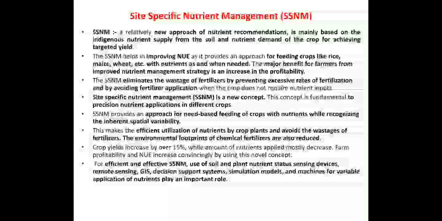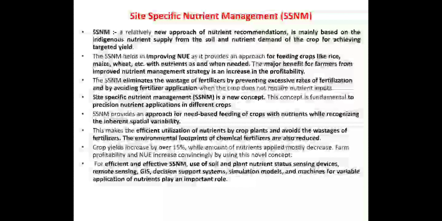Then SSNM helps in improving the nutrient use efficiency, as it provides feeding of crops like rice, maize, wheat with nutrients as and when needed. The major benefits for farmers are to improve the nutrient management strategy as well as increase profitability. Then SSNM eliminates the wastage of fertilizers by preventing excessive rates of fertilization.